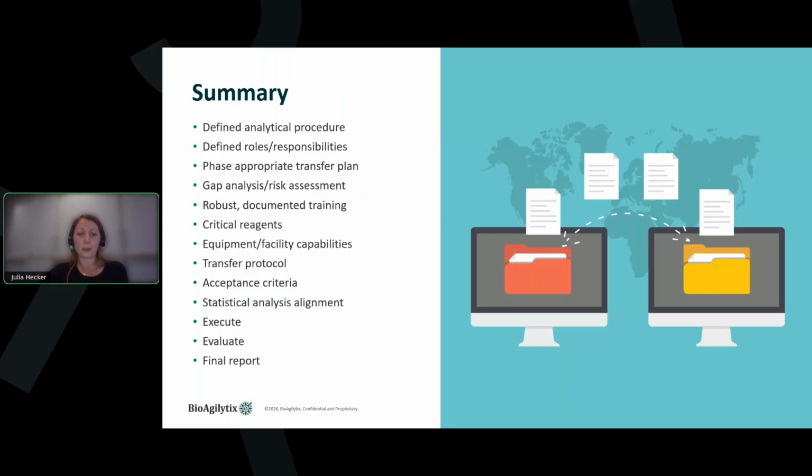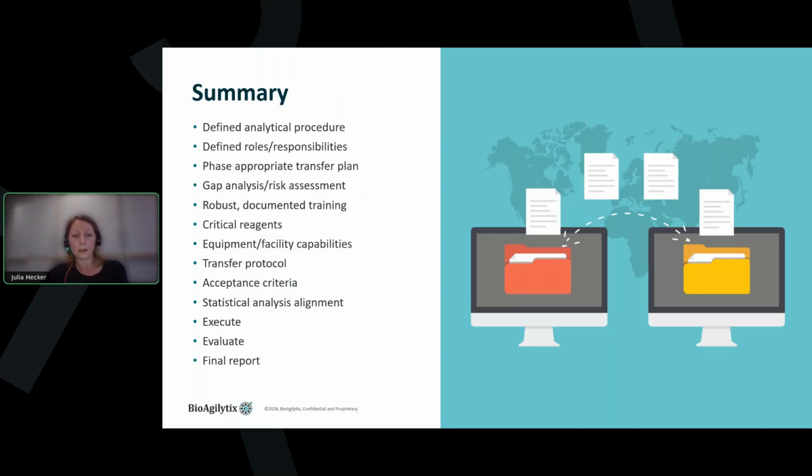It should be documented. Best is really on-site, hands-on training. For critical reagents, provide the documentation, provide early on which reagents are critical for the assay, share that knowledge, and try to get the same lots for the transfer if at all possible.